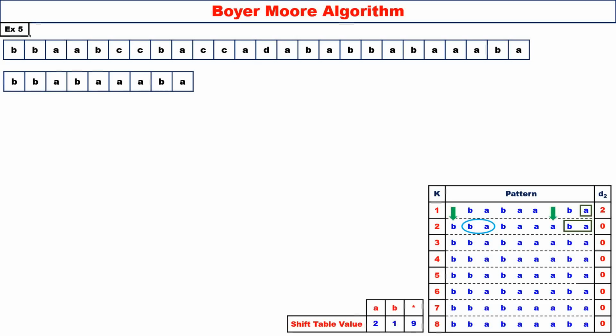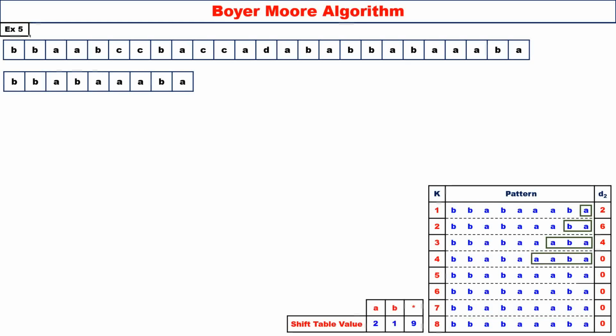Check the preceding characters. They are different. Now we can consider 1, 2, 3, 4, 5, 6, 6. ABA, is it found? Yes, it is found. Preceding characters are different. Therefore, 1, 2, 3, 4, 4. AA, BA, no. This also no. So first step is over.